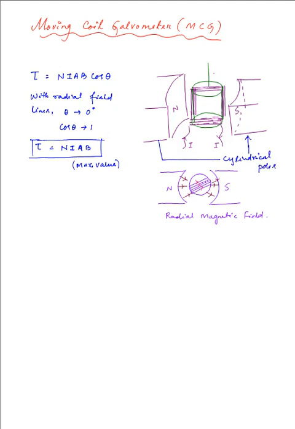These cylindrical poles give out the radial magnetic field, which results in the maximum possible value of torque that we have just obtained. This setup can be placed in various arrangements as far as the use of the moving coil galvanometer is concerned.